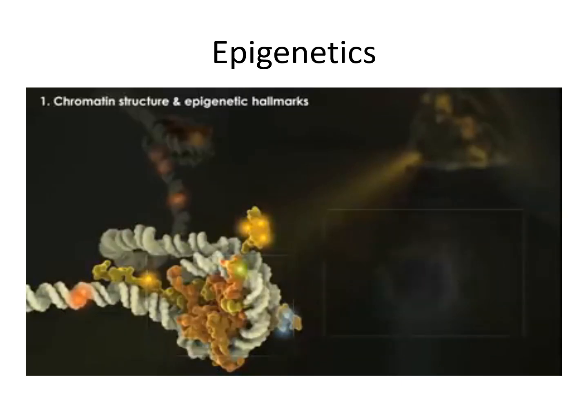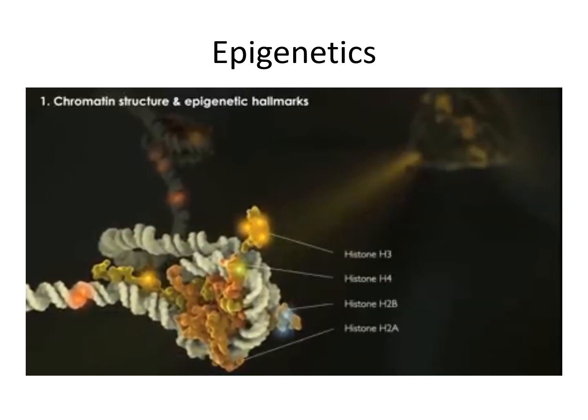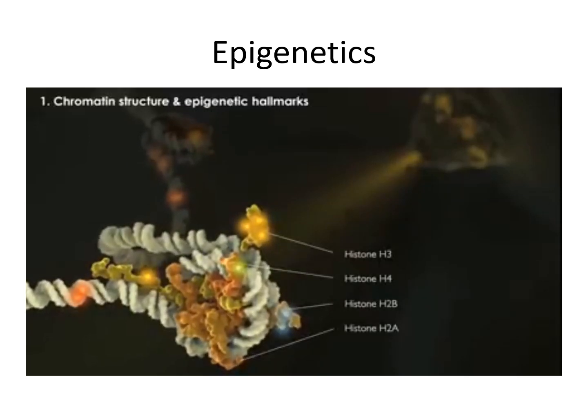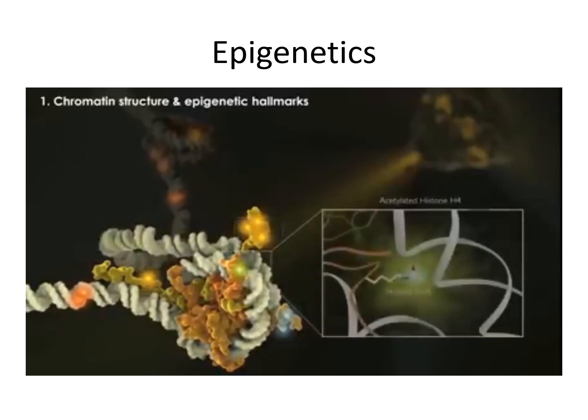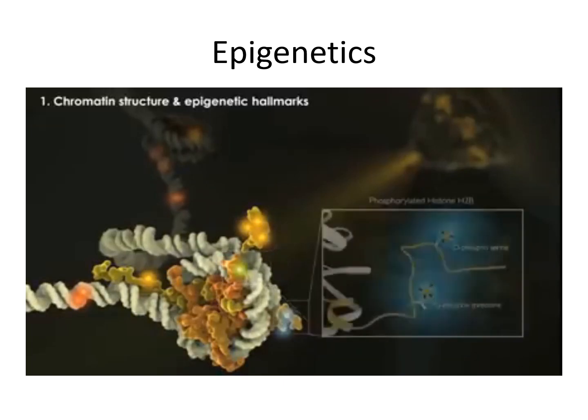The tails of core histones labeled here can be altered with distinct chemical modifications, including methylation of histone H3, acetylation of histone H4, and phosphorylation of histone H2B.